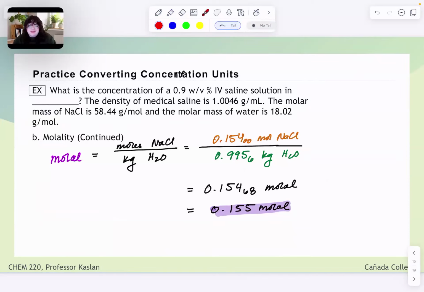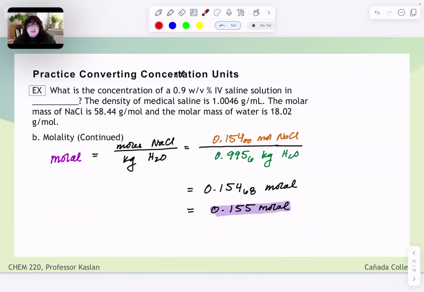So this total mass of water, the 0.995 or about 1 kilogram, is approximately equal to 995 milliliters of water, which is really close to the total volume of solution, right? Because the density of water is 1. So you will often see that in aqueous solutions, molality and molarity might come out to be really similar, but they are not the same. So just pay attention to that.